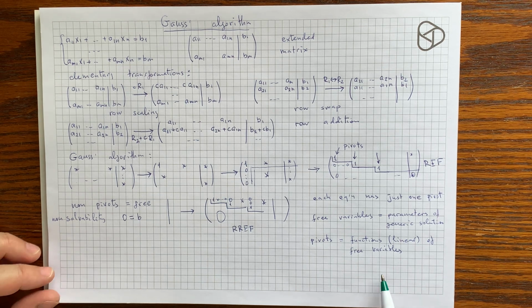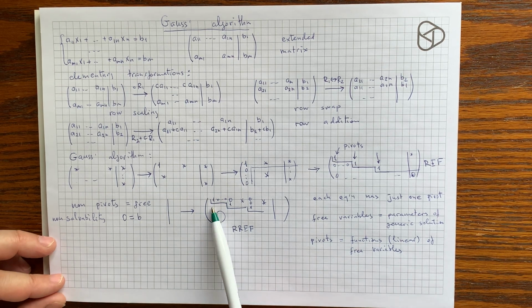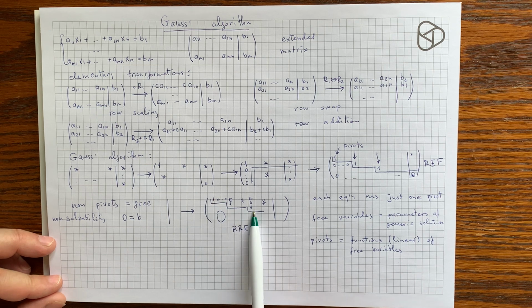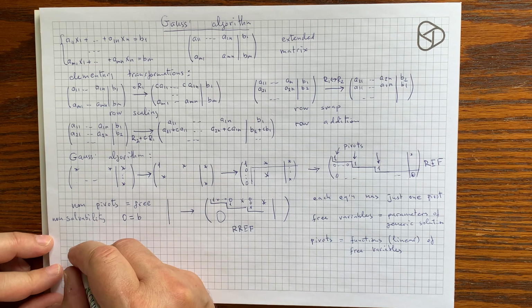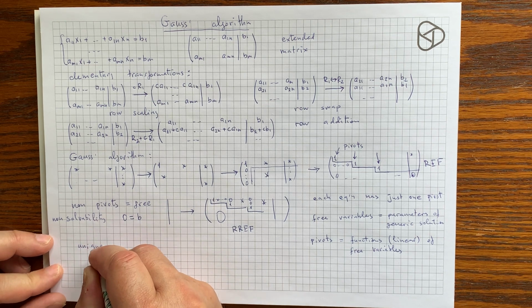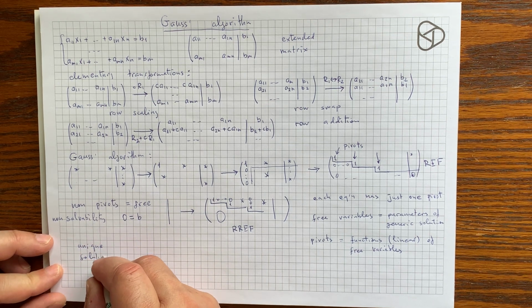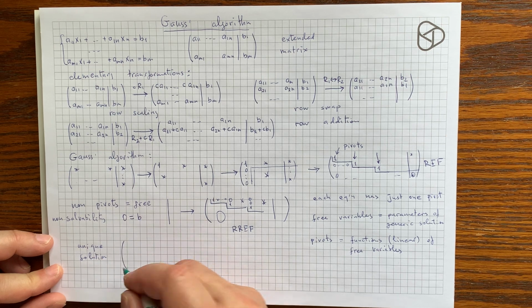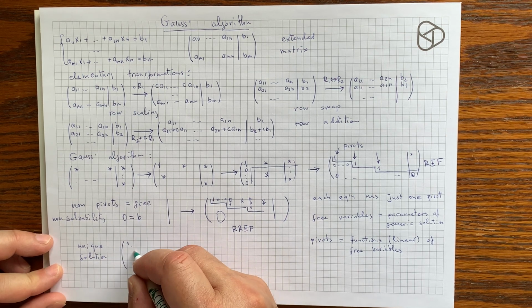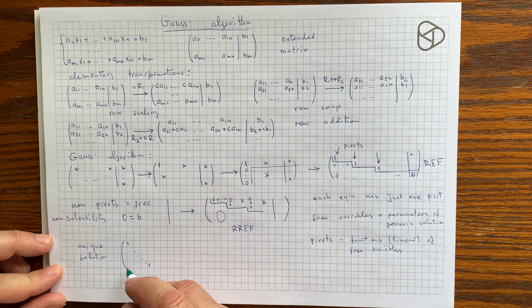The criterion for uniqueness of solution will be just as many pivots as the variables, no free variables at all. That would correspond to the shape of a matrix. So a unique solution will correspond to the shape of a matrix like that.